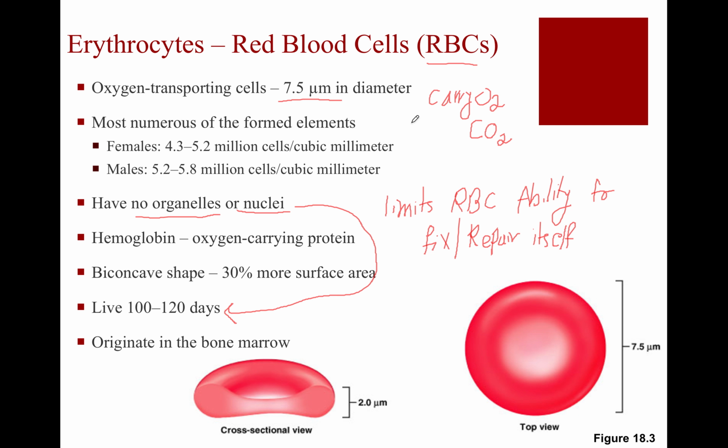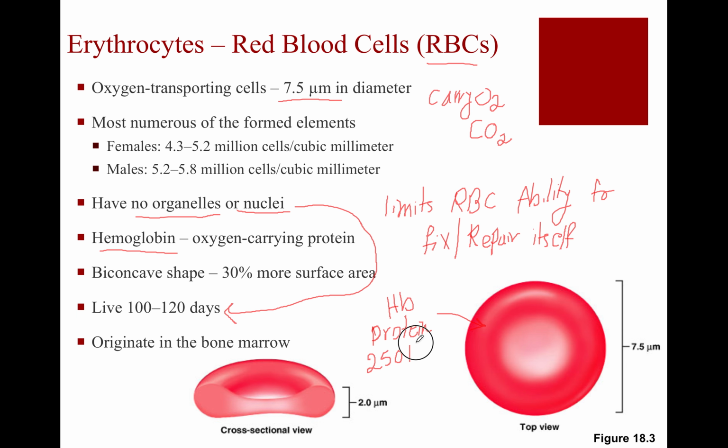Now, if you look inside a red blood cell, what is it packed with? It is packed with hemoglobin protein, as mentioned here. Hemoglobin protein is the one that actually carries the oxygen within the red blood cells. You will learn about this in the next presentation, but let me familiarize you with it.